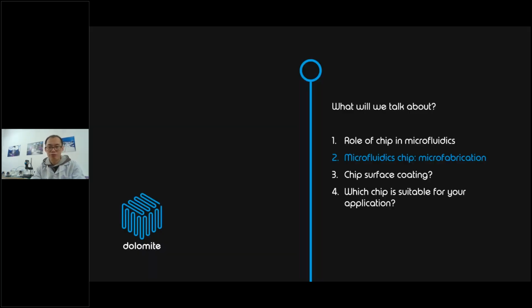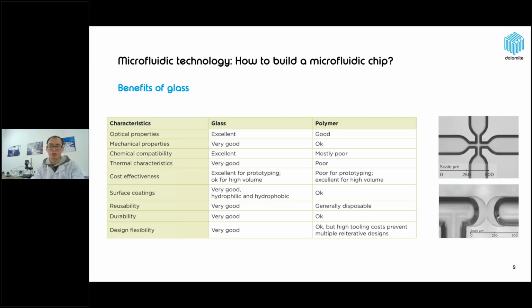Let's talk about the microfabrication of the microfluidic chip. This slide shows the benefits of glass compared to other materials. The simplest current microfluidic device consists of microchannels molded in a polymer that is bonded to a flat surface, such as a glass slide, so it is very easy to mold and bond on glass. The reasons for choosing glass for our microfabrication are listed in the table.